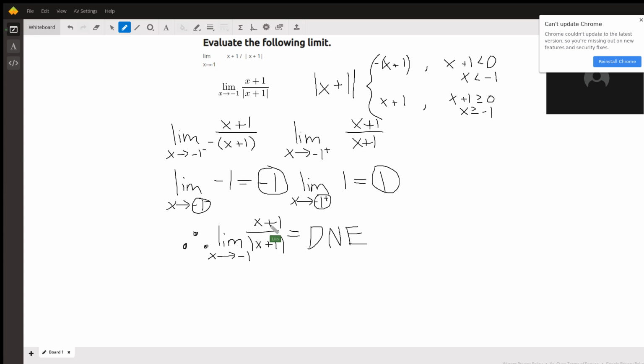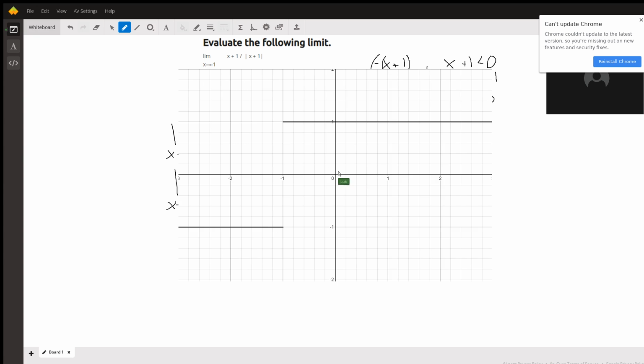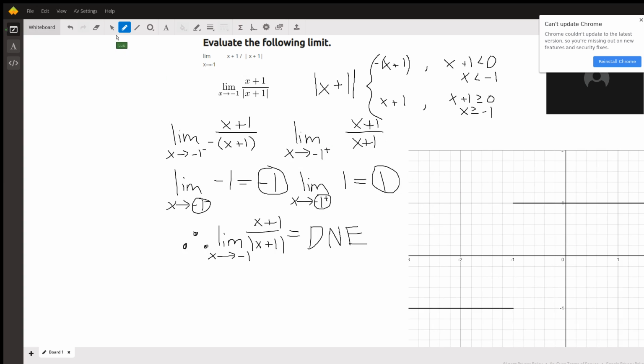And you can also look at a graph here. Now you see how as x approaches -1 from the right side, it hits +1 right here. And if you go to -1 from the left side, you see how it's approaching -1, which we concluded right here.